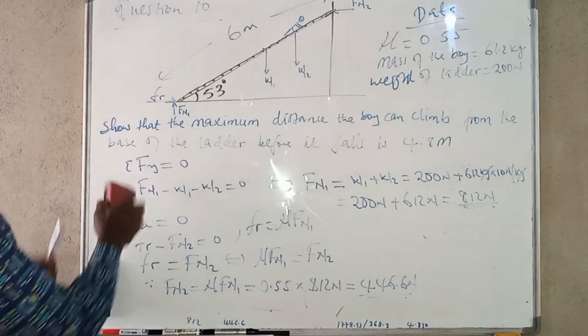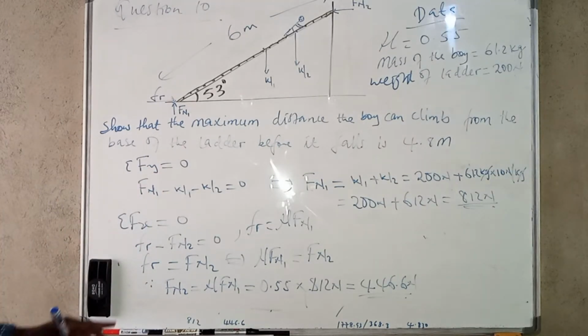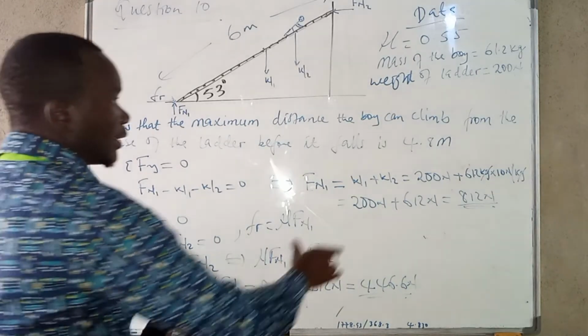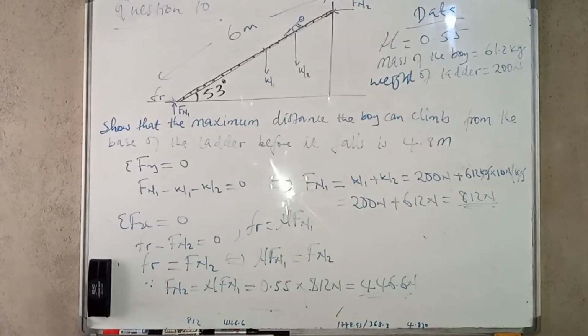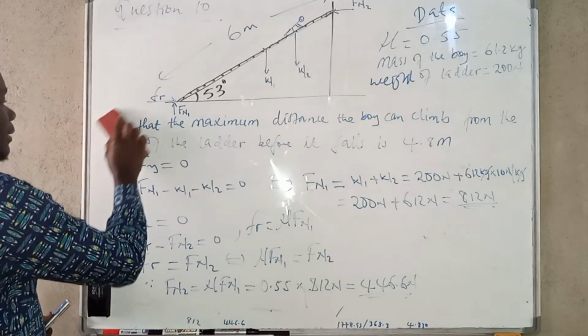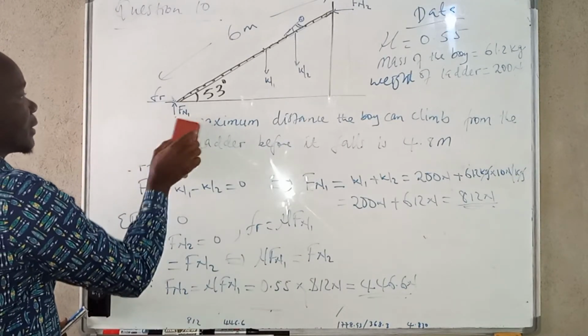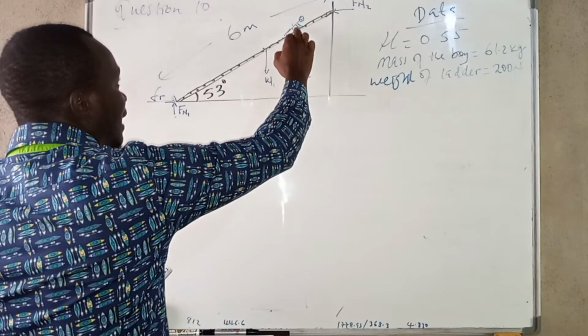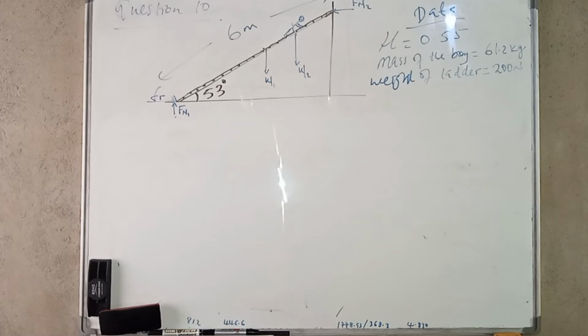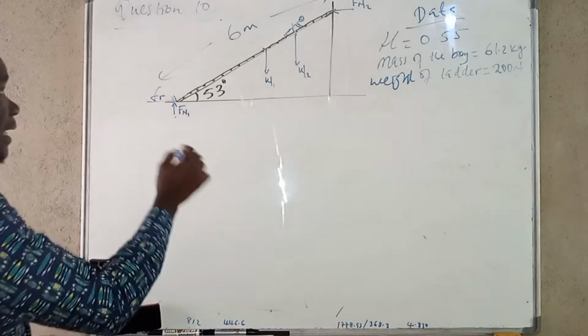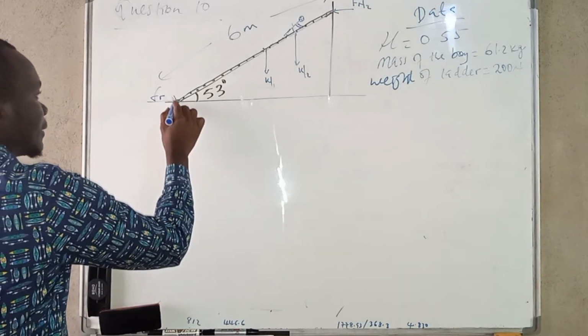So from this point, we can go on, since we want to find the maximum distance at which the boy should reach so that the ladder cannot fall. So let me just erase this part. So let us assume the maximum distance he can climb is from this point to this point. So from this, let us take the moment at this point.